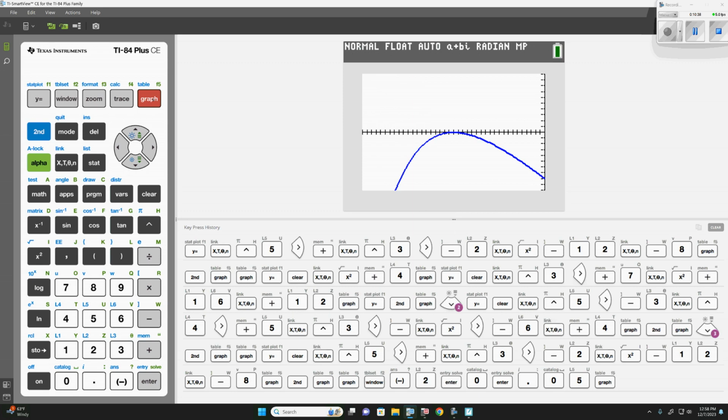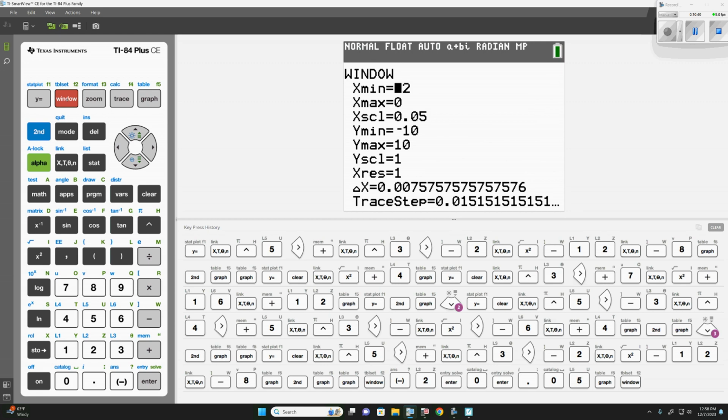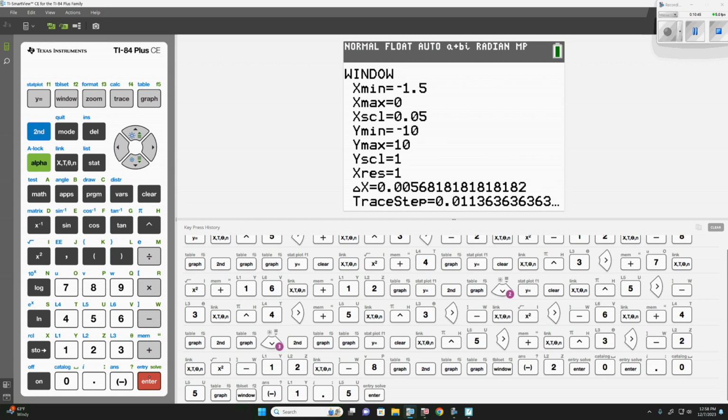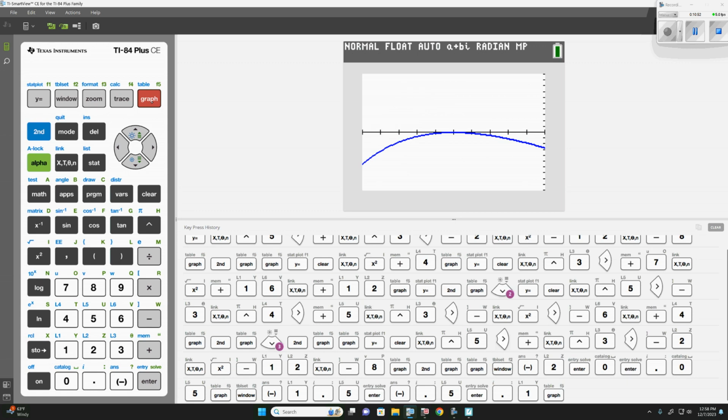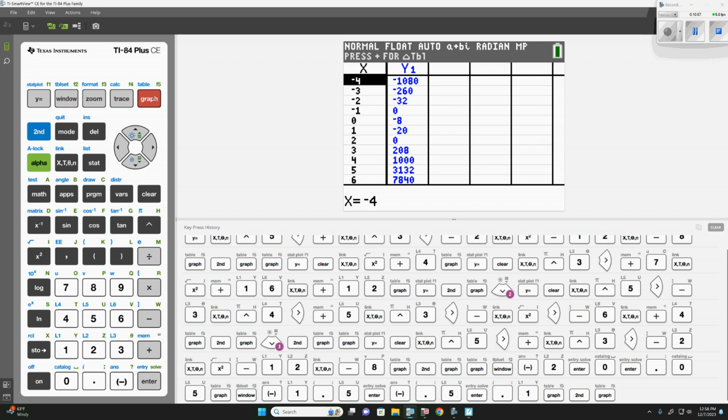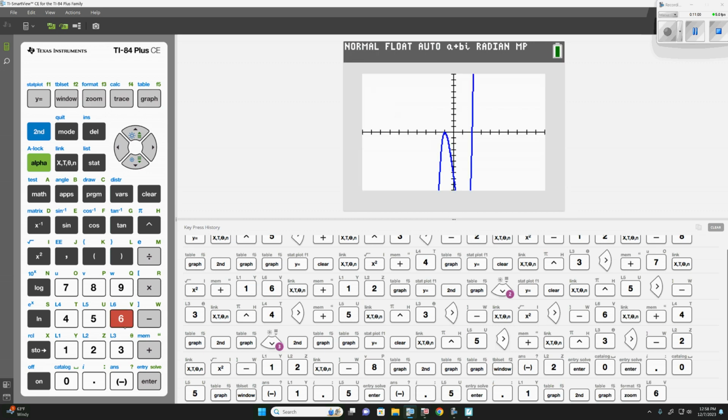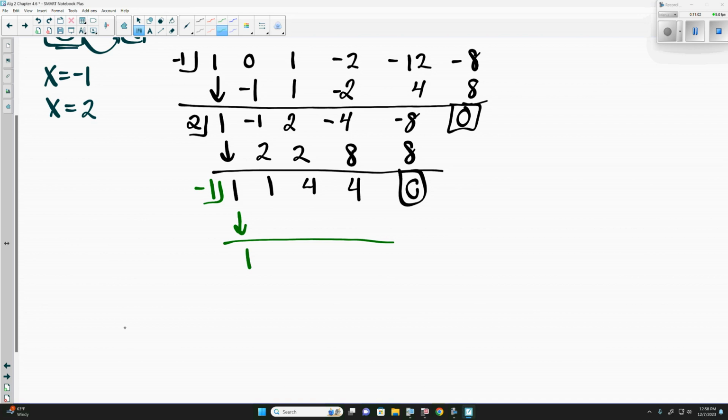We see here that the graph doesn't actually cross at that point. Zooming in more, we go by 0.1. It actually doesn't get above the graph. There's a good chance that it's going to repeat. If it touches it but does not cross it, it's going to be repeated.